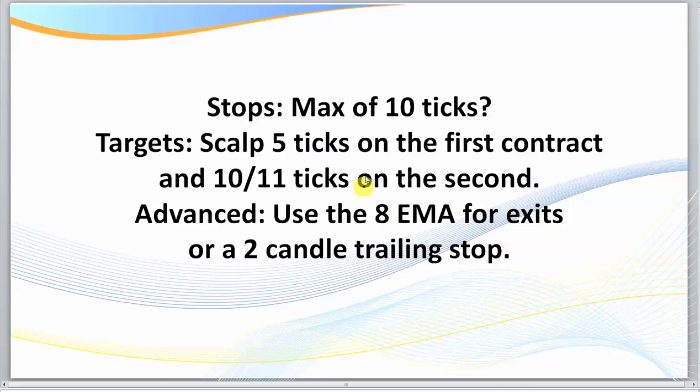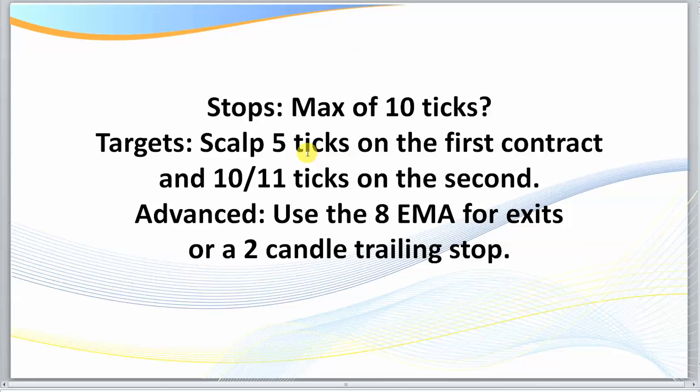Now what you can actually then do is scalp 5, as many of our oil traders are scalping 4 to 5, 6 ticks. Okay, and what you may choose to do, and this is really more of an advanced technique, is to then on your second lot of contracts go for 8 to 11 ticks. Now if you've got a 10 tick stop, of course your risk reward is way out. You really need to be winning a high percentage of your trades.